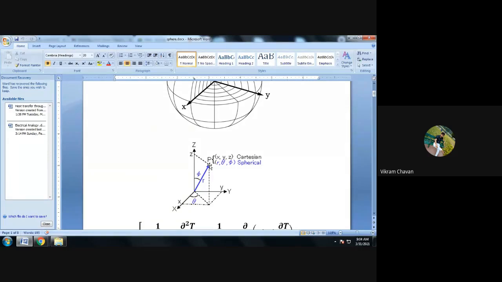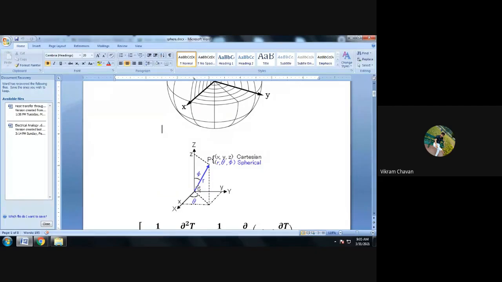Whereas theta is this: if you project this point on the xy plane, and join that projected point to the center point, the angle made by this line with the x-axis is theta. Whereas phi is the angle that the line joining the center and that particular point makes with the z coordinate, or the vertical axis.